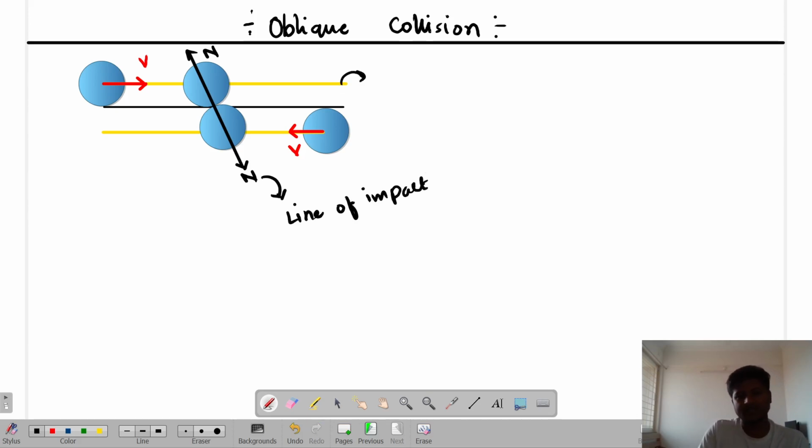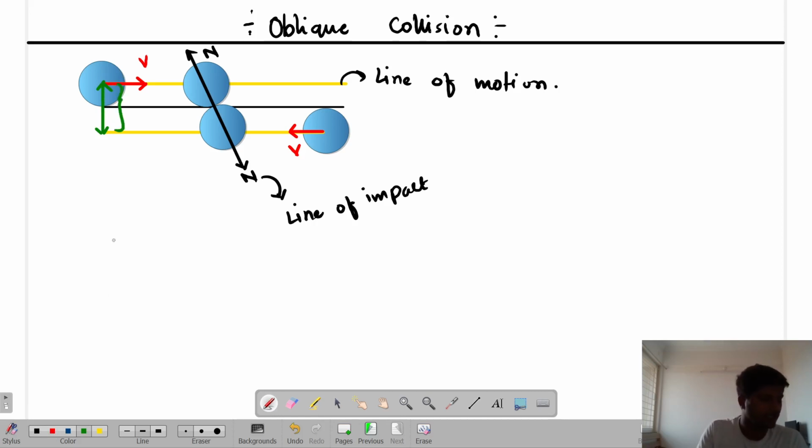And we call this the line of motion, which provides us the necessary understanding of what can happen. Now, there is one more important thing to discuss, and this is why I have drawn these two yellow lines. You see that there is a gap between these two yellow lines, between their centers.